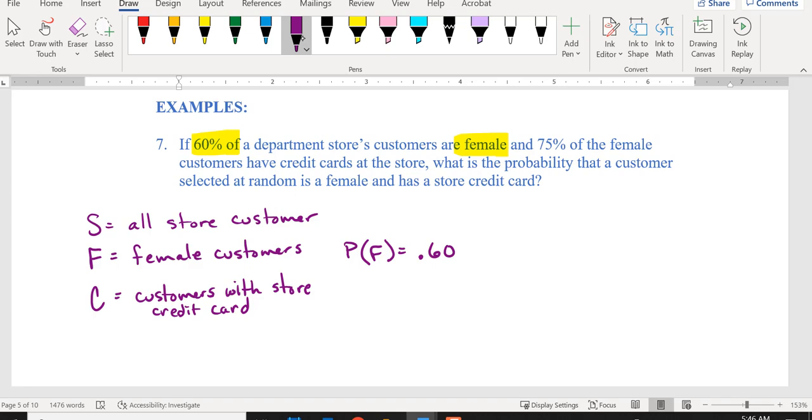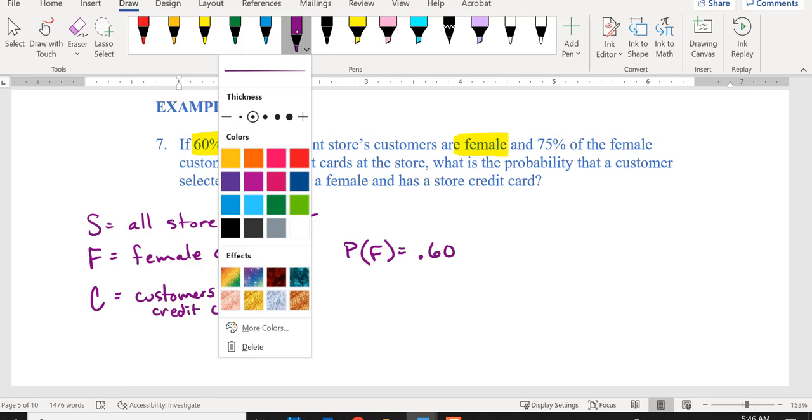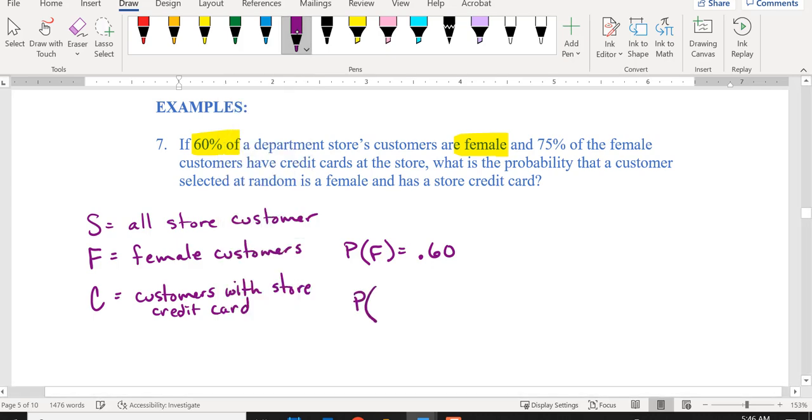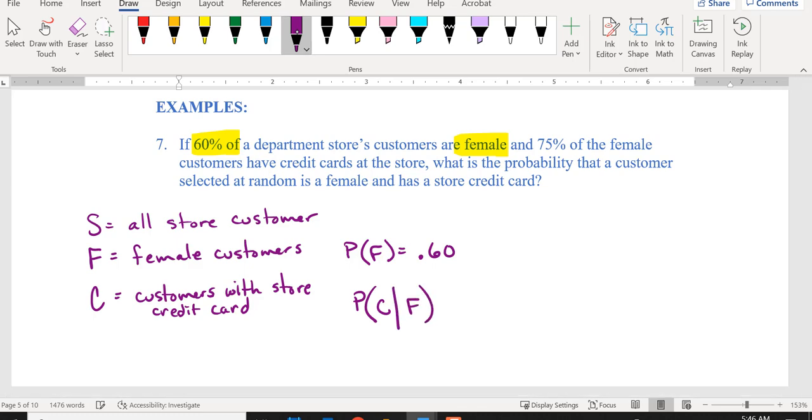So we know the probability of those that have a credit card, given that they're female, right? 75% of the female have credit cards. So probability of having a credit card, given you're a female, is 0.75.